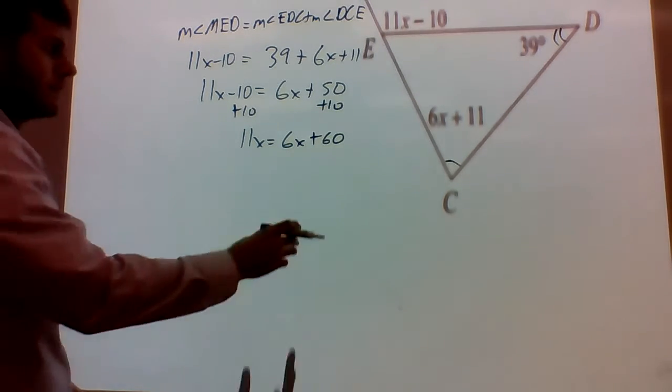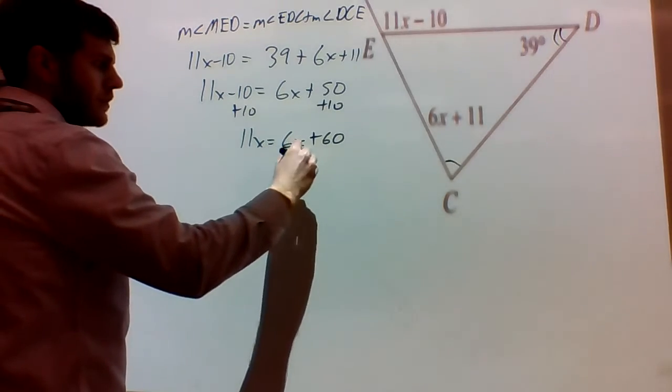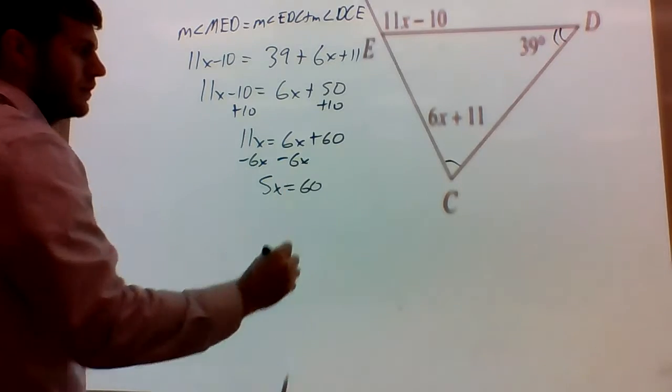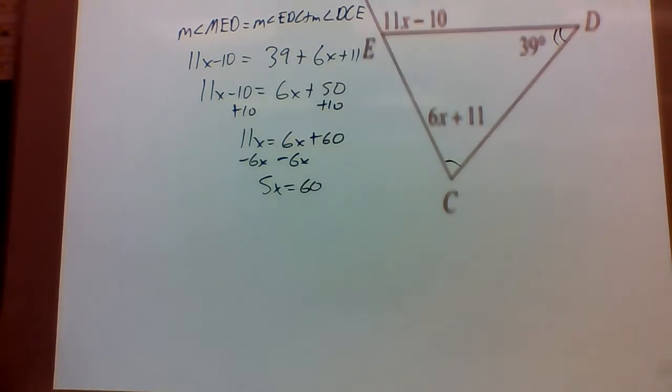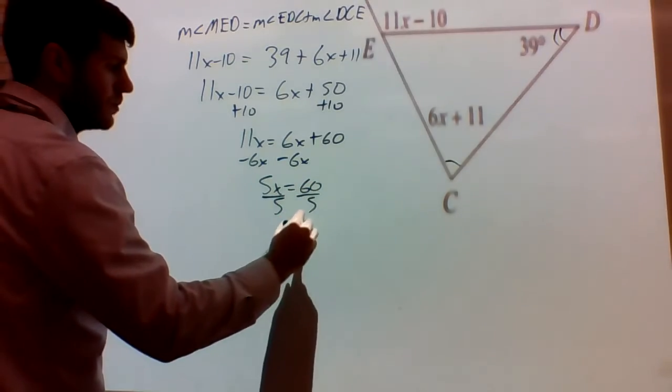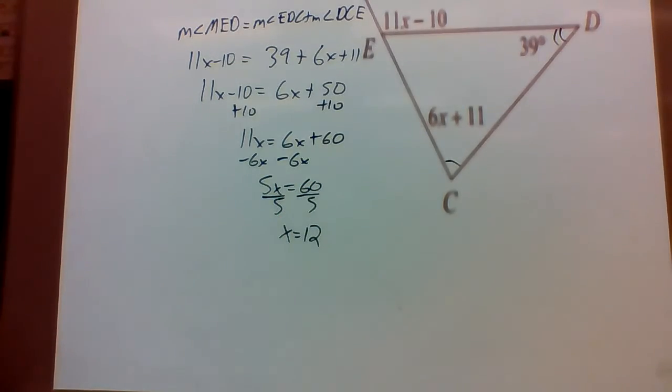Minus 6x from both sides. We get 5x equals 60. Divide both sides by 5, x is going to be 12.